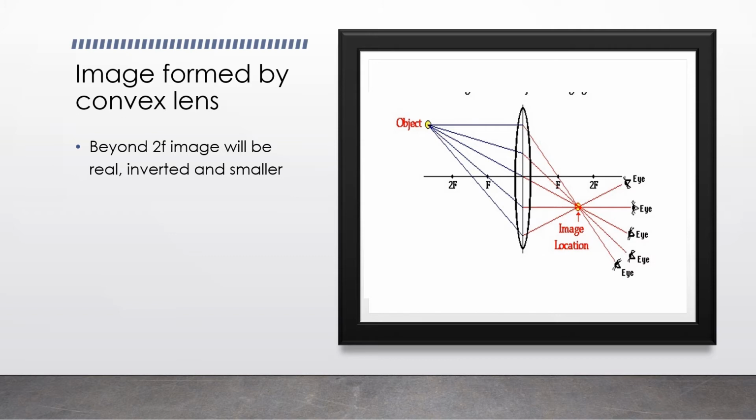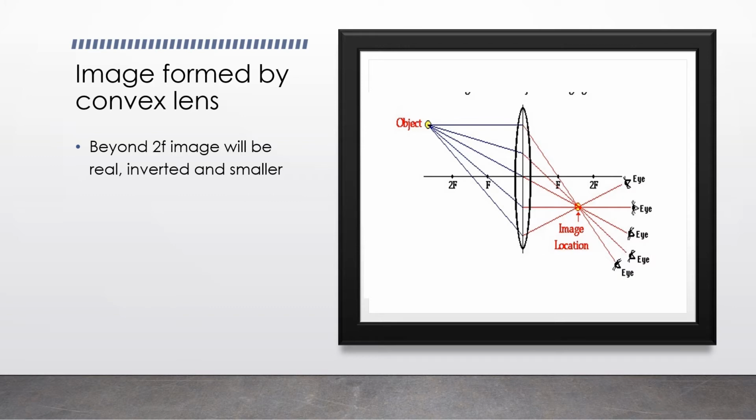The real size of the object from the principal axis is larger than the image. So if I place my object beyond 2f, the image formed will be real, inverted, but smaller than the real size.